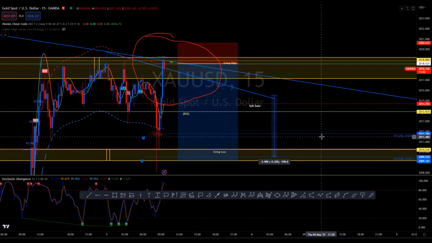Price is retracing. Just watch this price action and see.